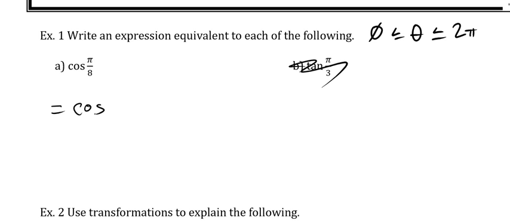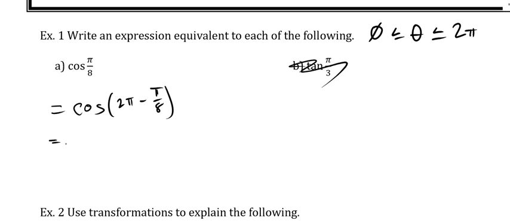Anybody have an idea, John? Why 2 pi minus? Oh, very good. John got the right answer first off. He skipped the easy answer and went for the hard one. So he's right. 2 pi, this is what we just talked about, minus pi by 8 will be equivalent.